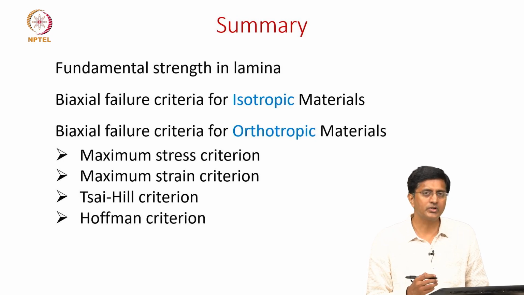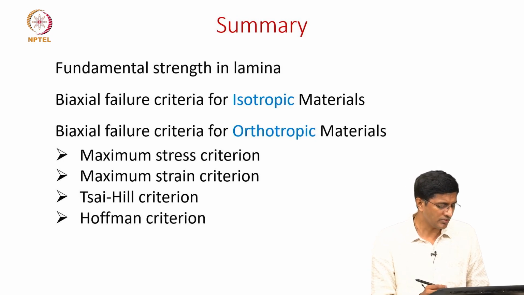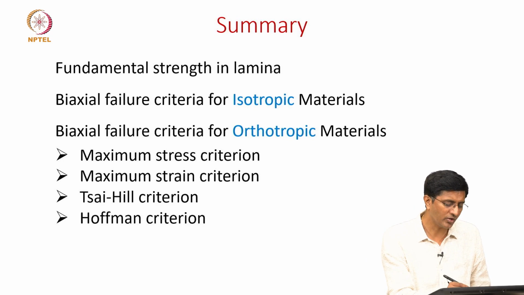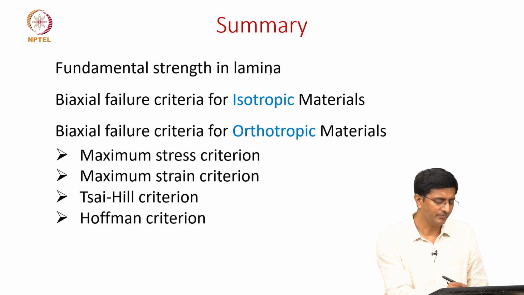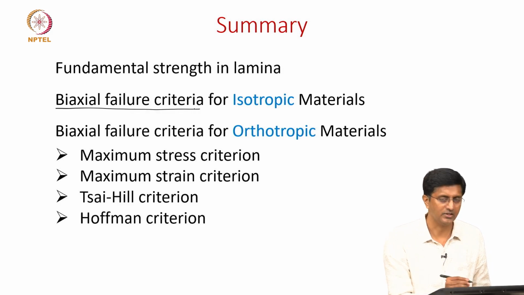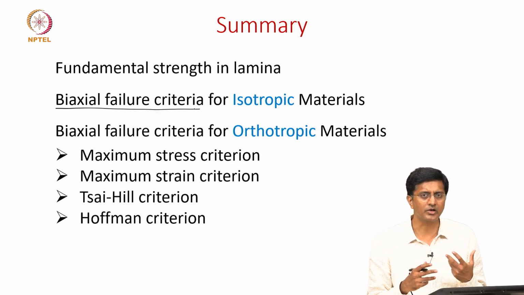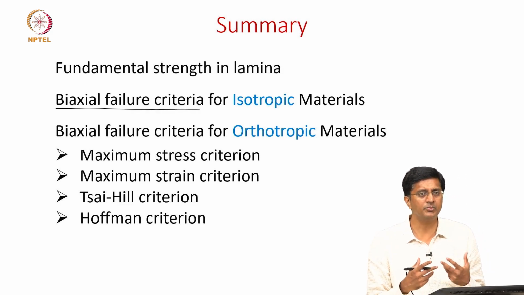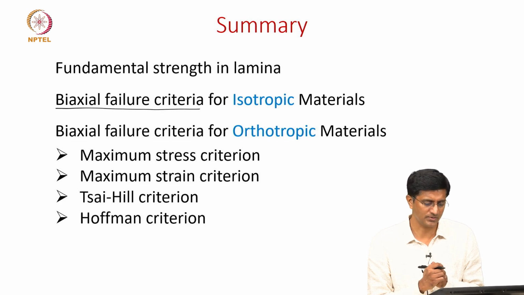So in summary, what we have discussed in this video is we first reviewed the five fundamental strengths in the lamina, and then we moved into the biaxial failure criteria, where we said we need a failure criteria which can be applied to know whether something fails or if it is safe when applied with multi-axial loads.